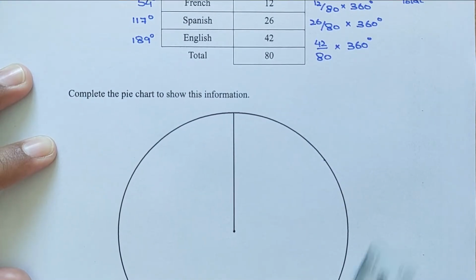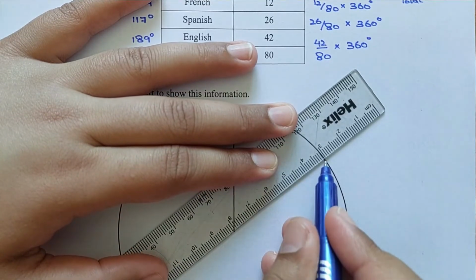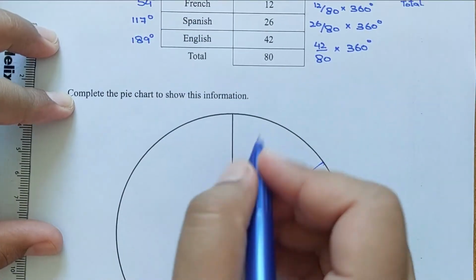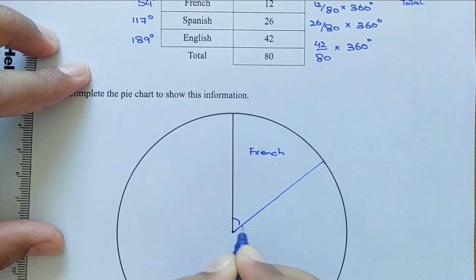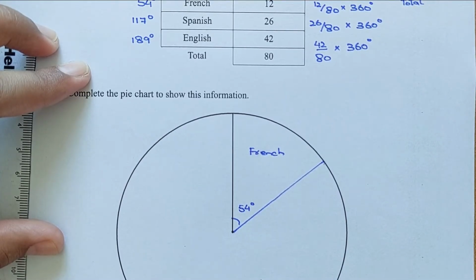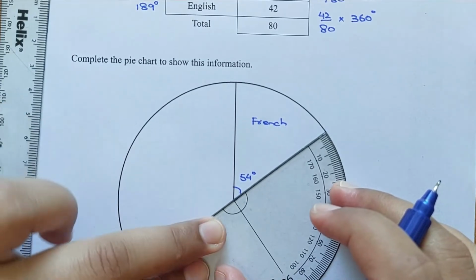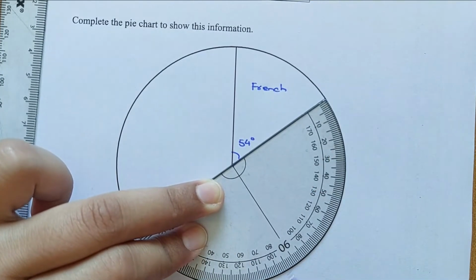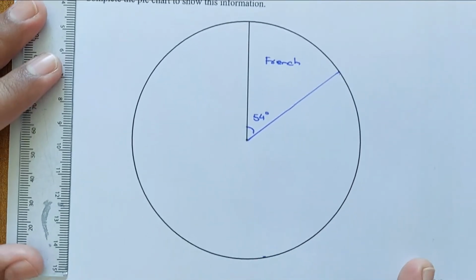This is the French, which is 54 degrees. The next is Spanish, which is 117 degrees. All right. So as you can see, this is 90, 100, 110, 115, 16 and 17 is over here. 117.